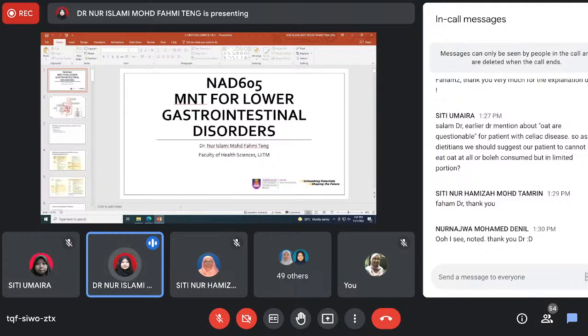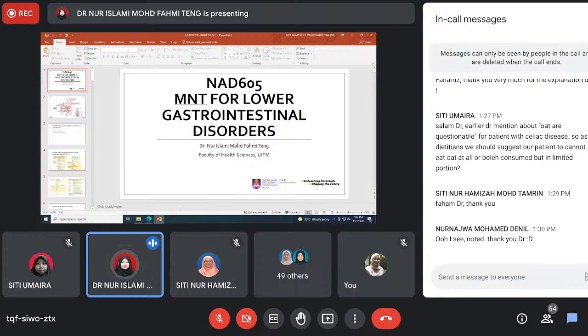So mereka ada intolerance kepada oats, sebabnya ada study yang menyatakan orang celiac disease, they can consume oats freely, but there's also study that suggests that oat they can trigger celiac disease. So those with celiac disease, they cannot eat oats, so that's why kita kata oats this is questionable. Some people with celiac disease, they can tolerate well with oats, but some are not, so as suggestion, kita bukan kata dia boleh makan ataupun tidak.